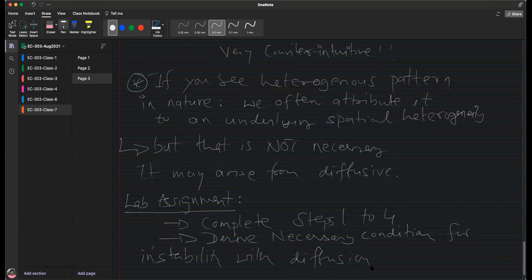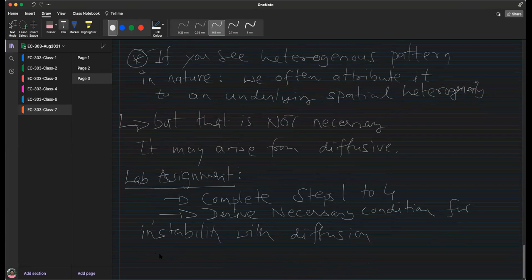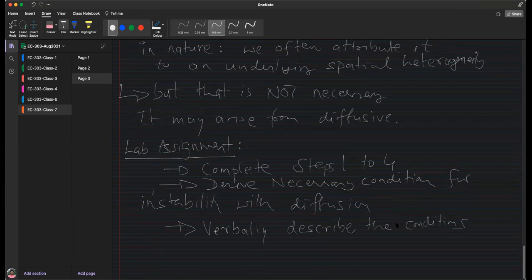And verbally describe the conditions. And then finally, it's optional: derive the sufficient conditions for instability.